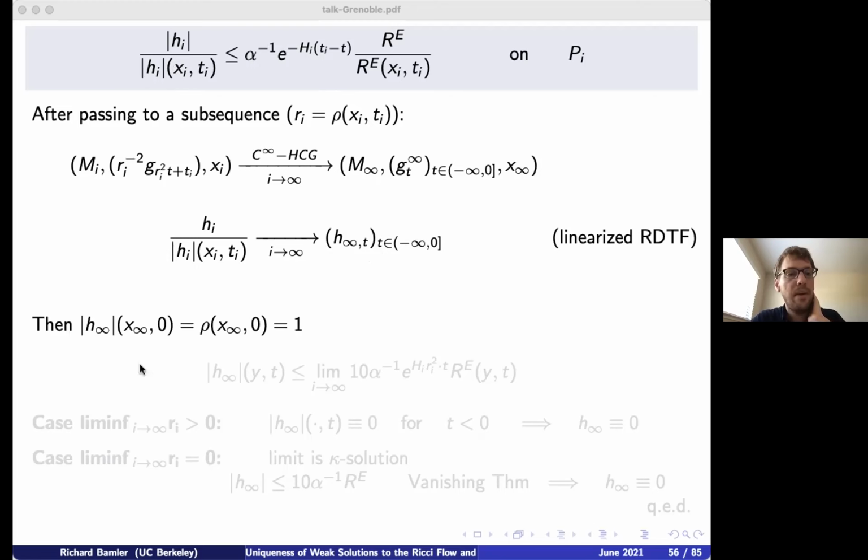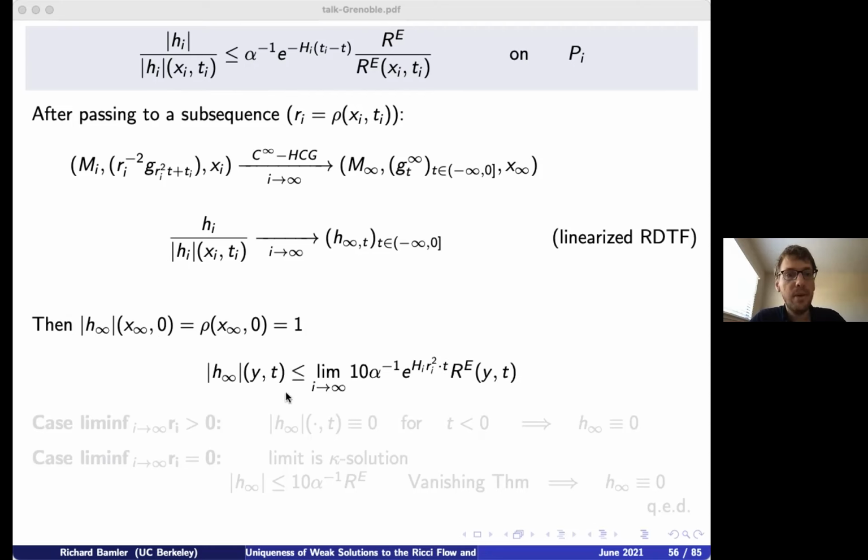First of all, at the base point, just by way of normalizing, this h infinity has to be equal to 1, and the curvature scale also has to be equal to 1, okay? Because we've rescaled and normalized in this way. And then let's look at this equation and pass this equation to the limit.